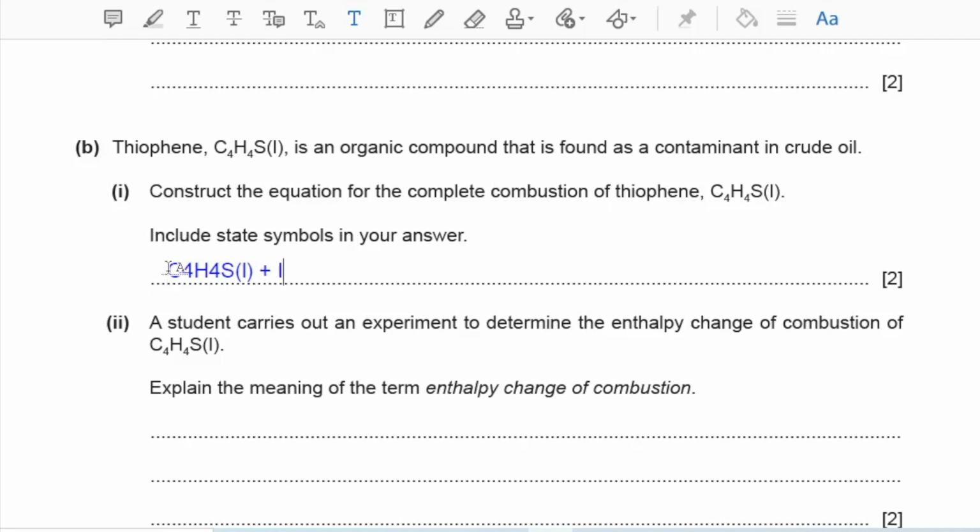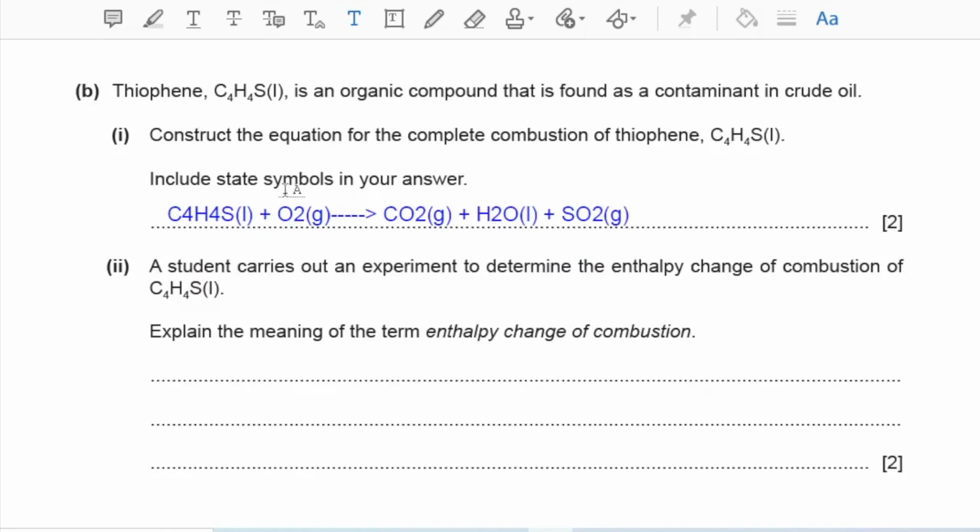It reacts with oxygen, which is a gas, and this gives carbon dioxide, which is again a gas, plus water, which is a liquid, plus an additional product which comes from sulfur over here, so it's sulfur dioxide, which is also a gas. Now I need to balance the equation.